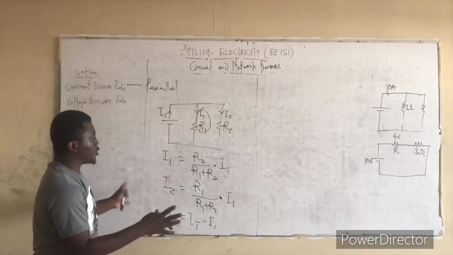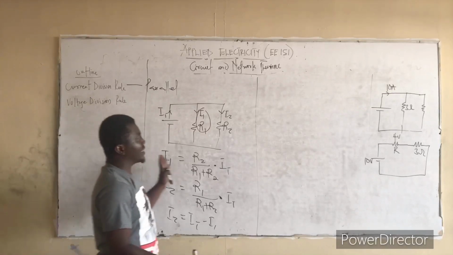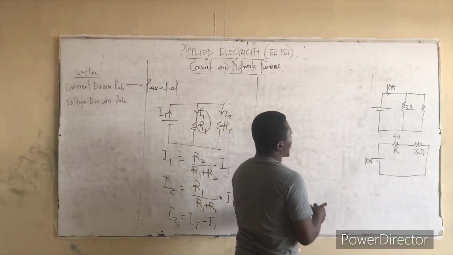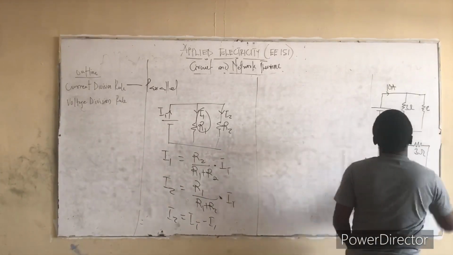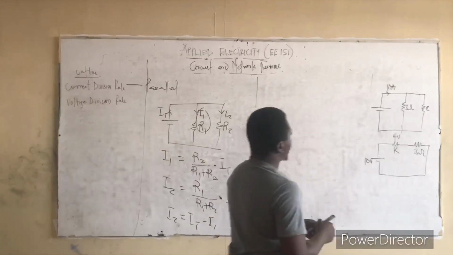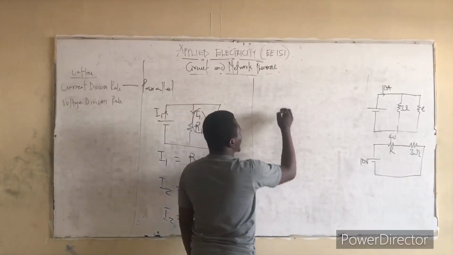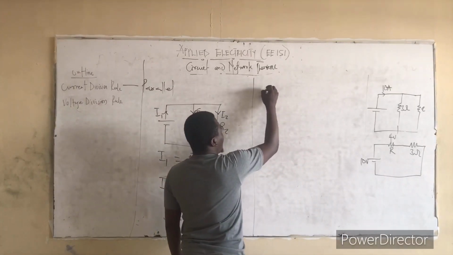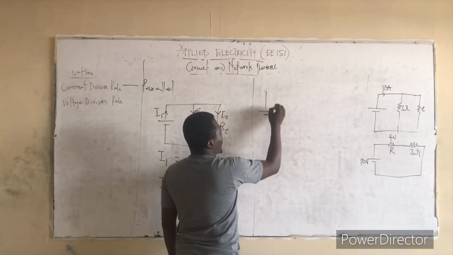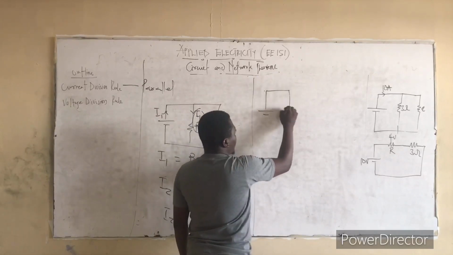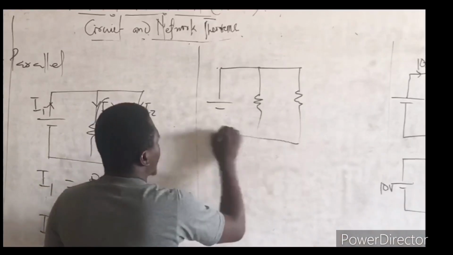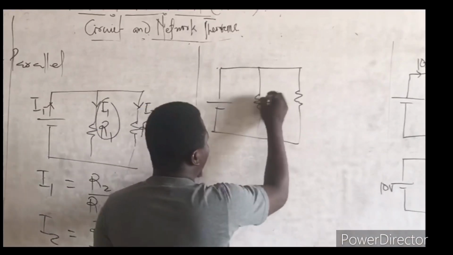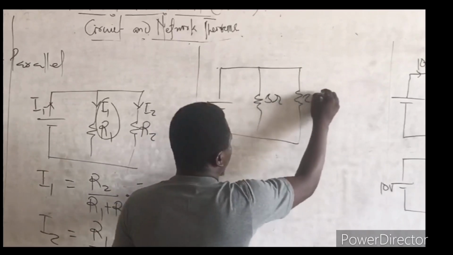So in order not to confuse you with the voltage division, let's first solve this example. So we have 3 ohm, 2 ohm.